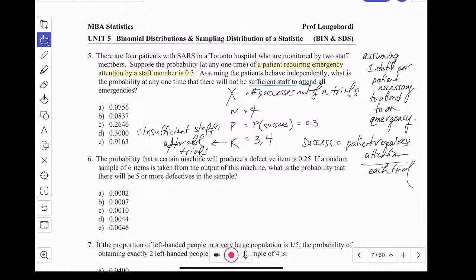All right, is that clear, Valeria? So K is what you're interested in, what you're looking for.